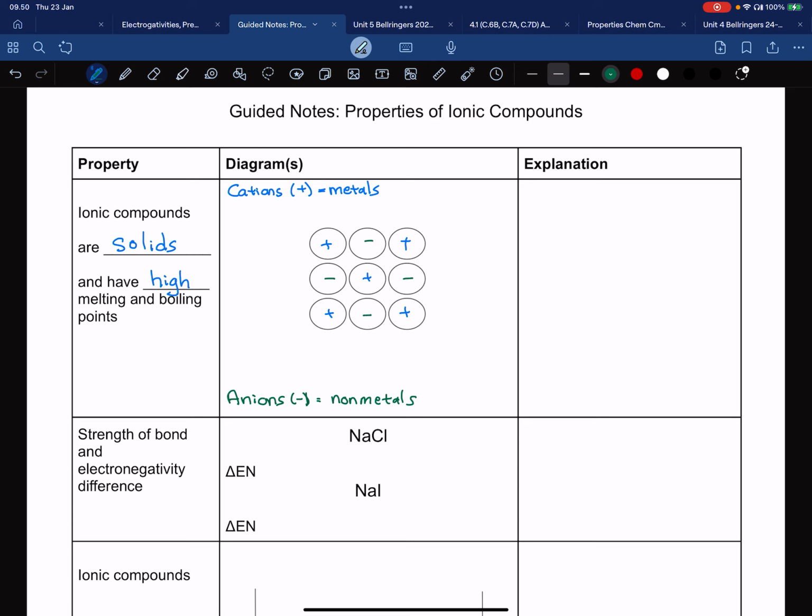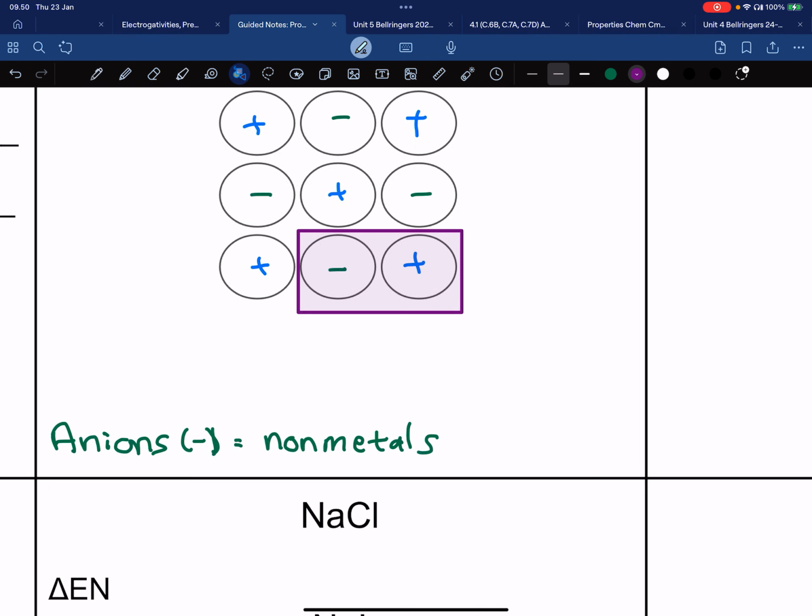All right? So what happens is you have, between any positive and negative charge, let's just take those two right there as an example. Between those two, that positive and negative charge have an attraction. They attract one another.